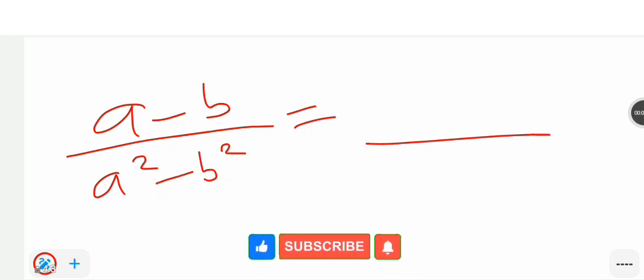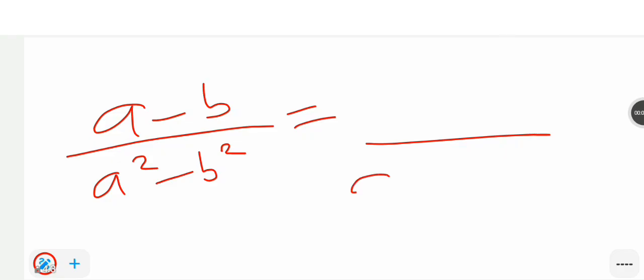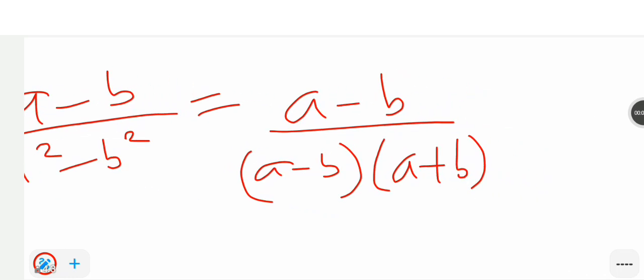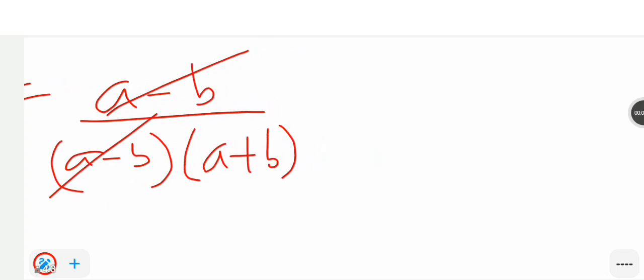From what we just discussed, this gives you a minus b, a plus b as the denominator. At the top you have a minus b, so something is similar and you can cancel these two. Then the final answer is 1 over a plus b.